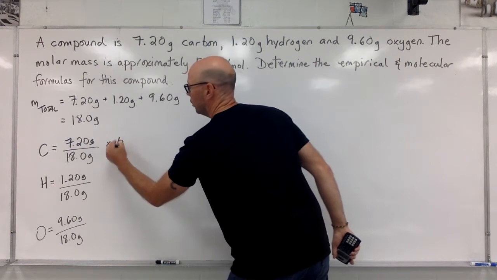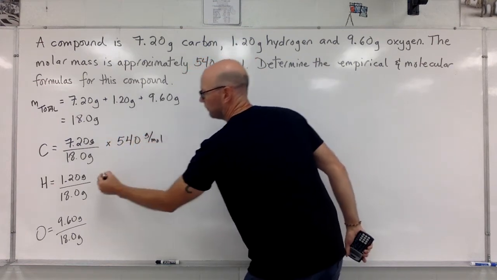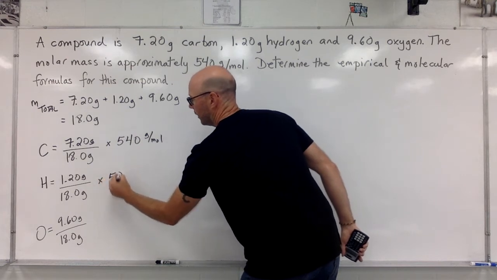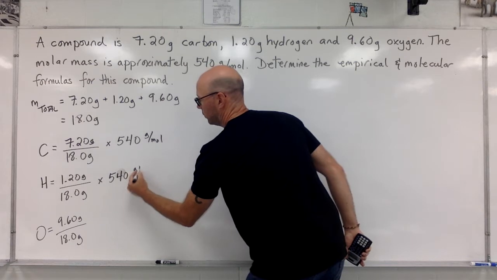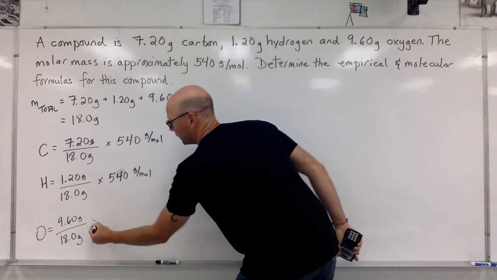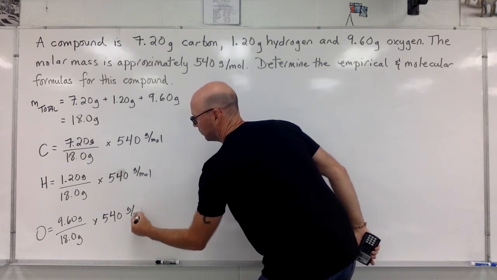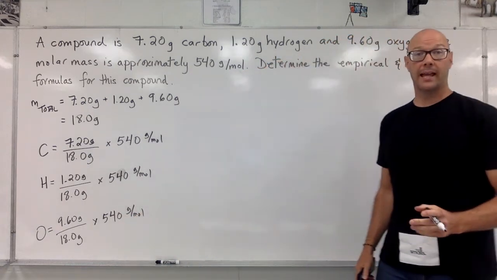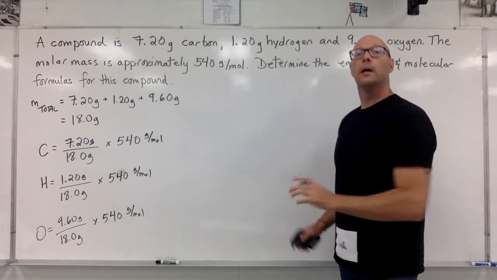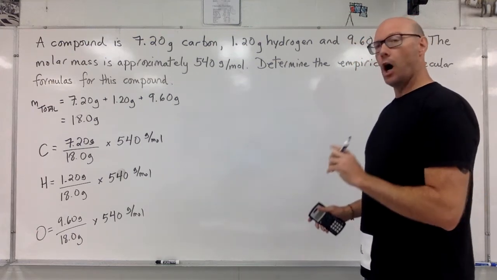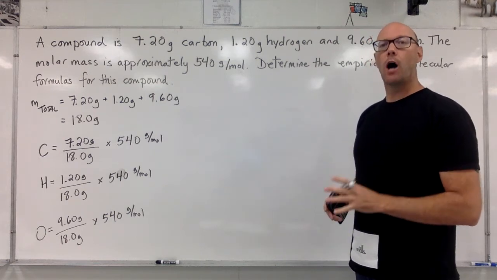Times 540 grams per mole, times 540 grams per mole, times 540 grams per mole. Again, you might want to know what the actual answer is at this point. Let's try not to. Our next step is to divide by the atomic mass.